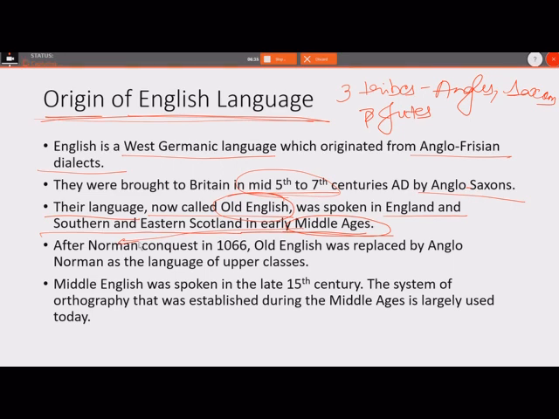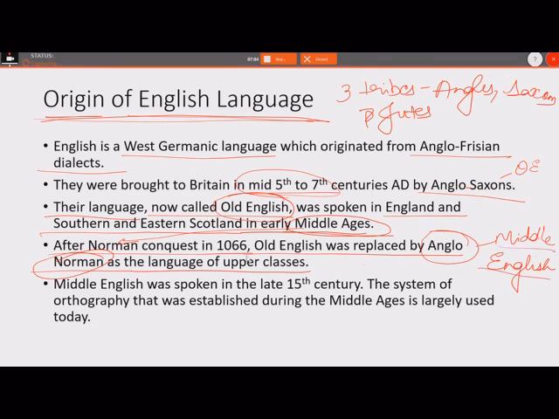After the Norman conquest in the 11th century, in 1066, Old English was replaced by Anglo-Norman as the language of the upper class. This Anglo-Norman language is called Middle English. Okay, so Anglo-Saxon is called Old English, Anglo-Norman is called Middle English.